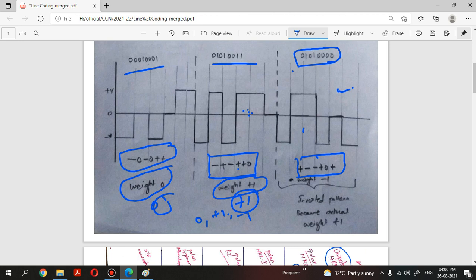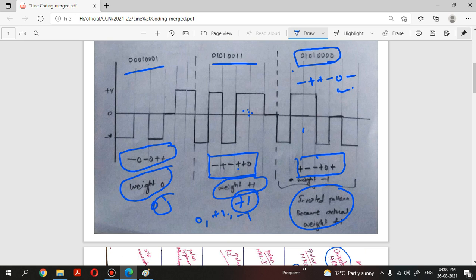That's why the voltage levels are inverted. So for this data, the voltage level is minus, plus, plus, minus, 0 and minus, and after inversion we need to give plus, double minus, plus, 0, plus. So this is the inverted pattern of your data.